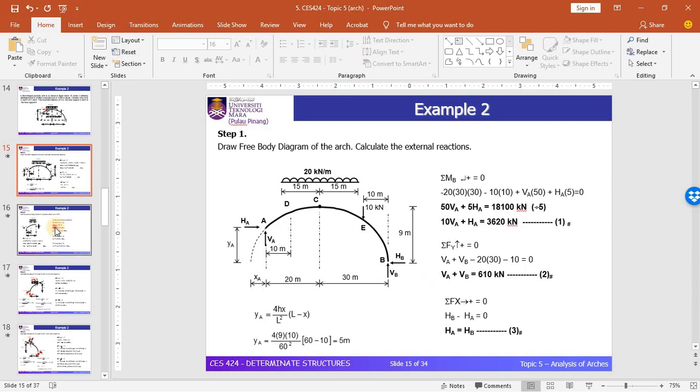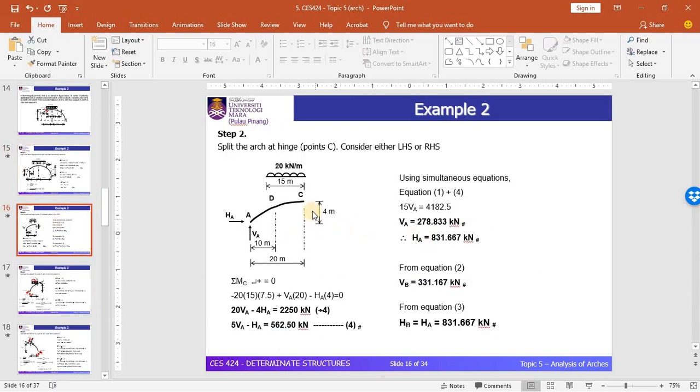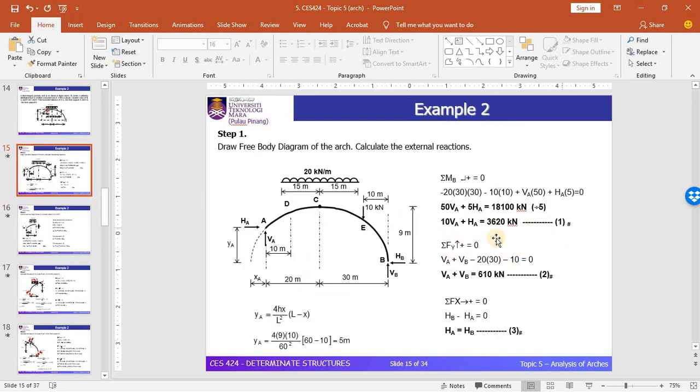The fourth equation can be obtained by considering the summation of moment at point C, at the hinge. By considering the moment at the hinge, at point C, you need to consider the left hand side of the diagram. Why don't we choose the right hand side of the diagram? There is a reason why, because you may make the solution complicated. If you look at the first equation, your equation is in terms of VA and HA.